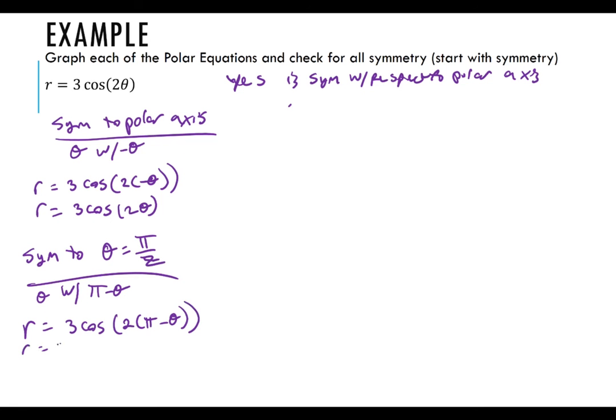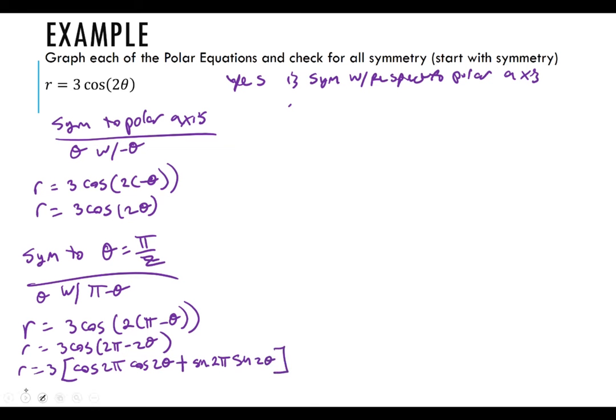So that is r is equal to 3 cosine of 2 pi minus 2 theta. Then I can use my difference identity. r is equal to 3 times cosine of 2 pi cosine of 2 theta plus sine of 2 pi sine of 2 theta. Well, recall that this is now going to be r is equal to 3.